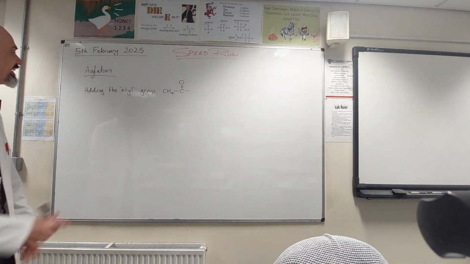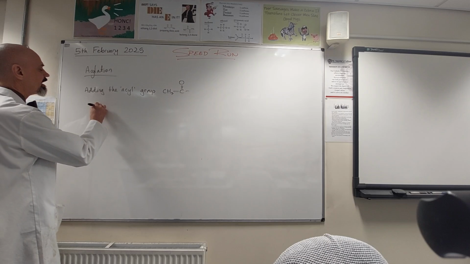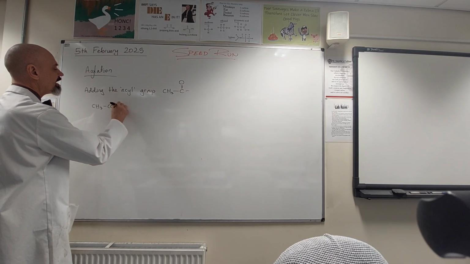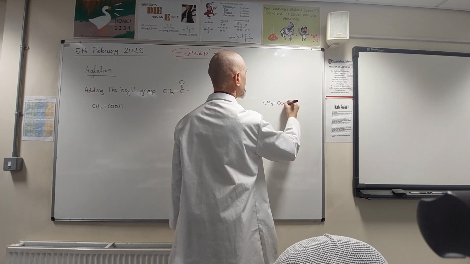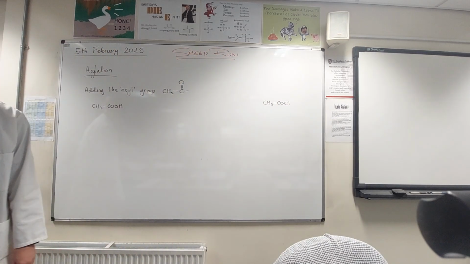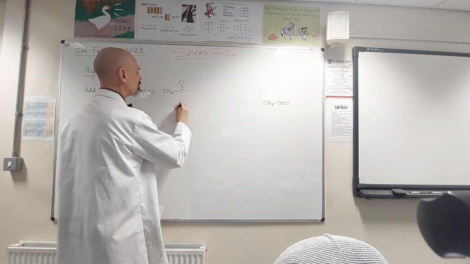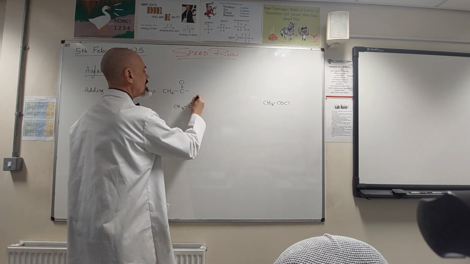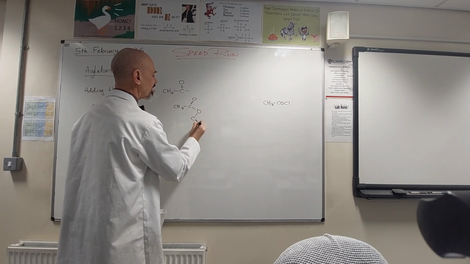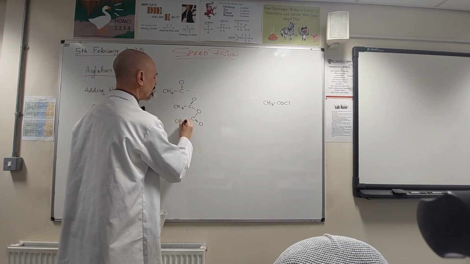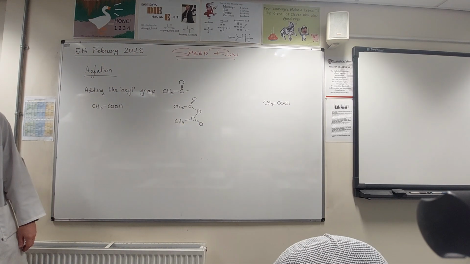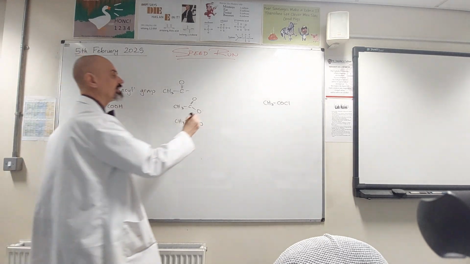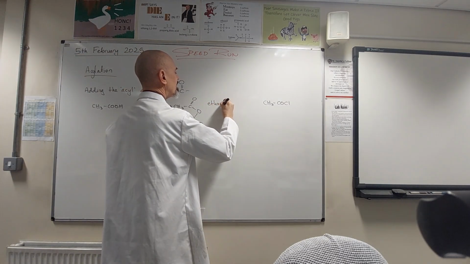We can add the acyl group by using ethanoic acid. We've also mentioned how we can use ethanoyl chloride, but there's a third option which introduces the last functional group for this topic of acid derivatives, which is ethanoic anhydride.